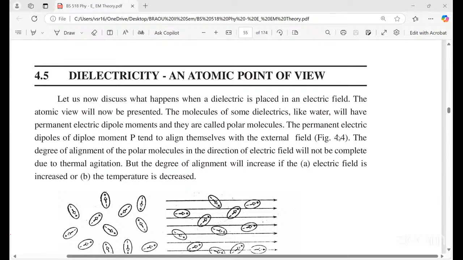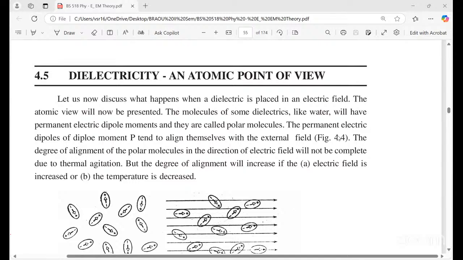Equal and opposite charges which are separated by a distance form a dipole. Di means two. So what is the dipole moment? The dipole moment is P.